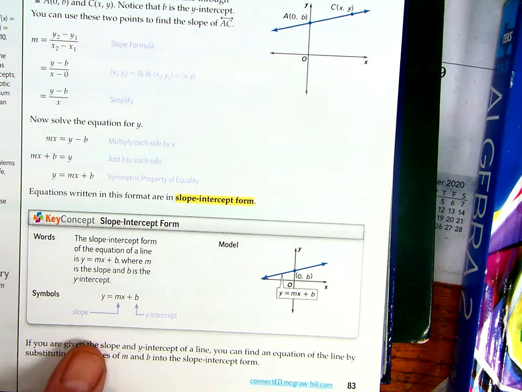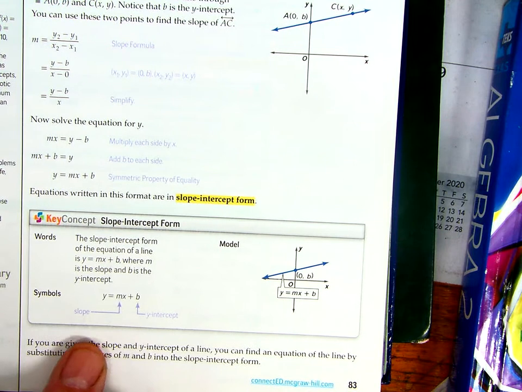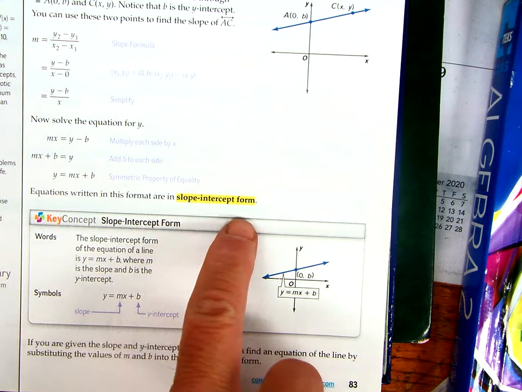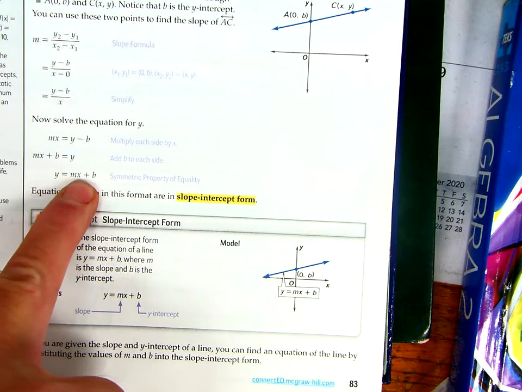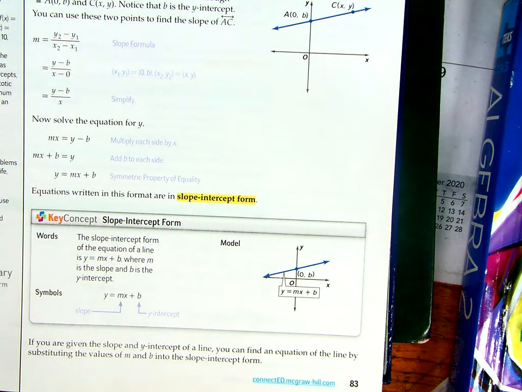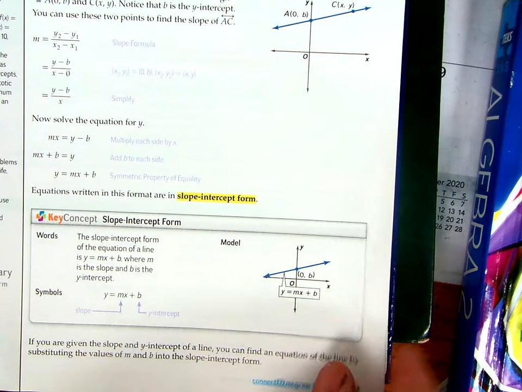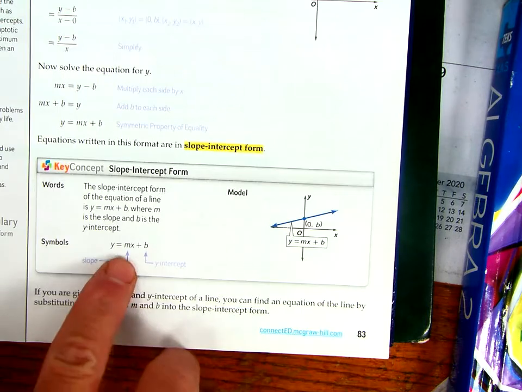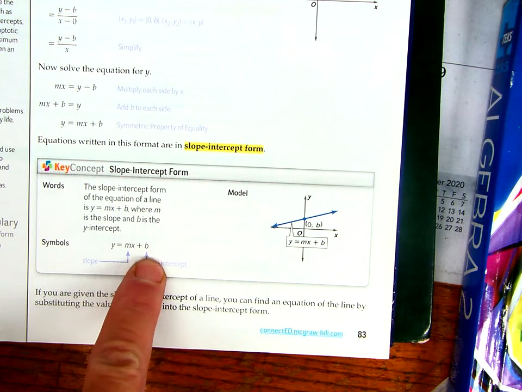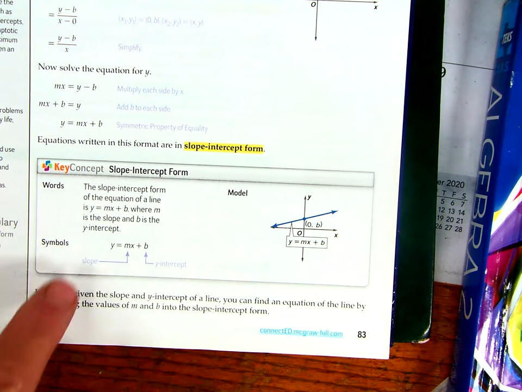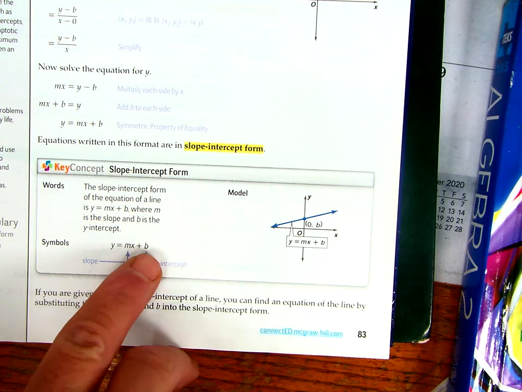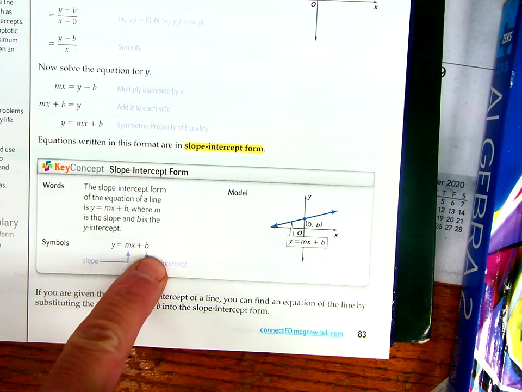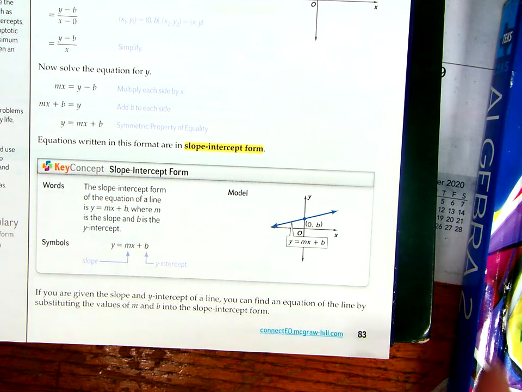Equations that make lines, that's why they're called linear equations. There's the slope-intercept form, which is y equals mx plus b. This is on page 83. M stands for slope. B stands for the y-intercept. Slope can also be called rate of change. The y-intercept can also be called the initial or the starting.